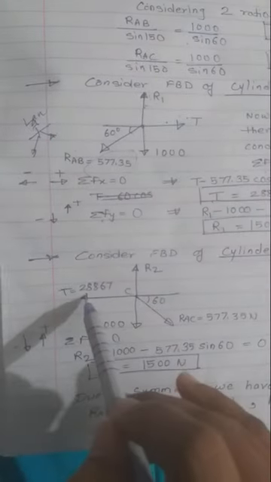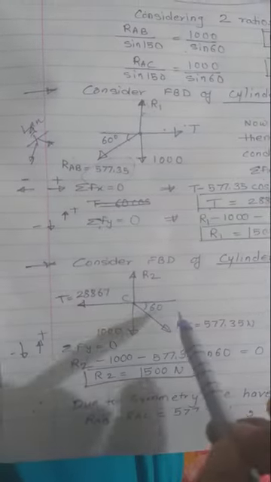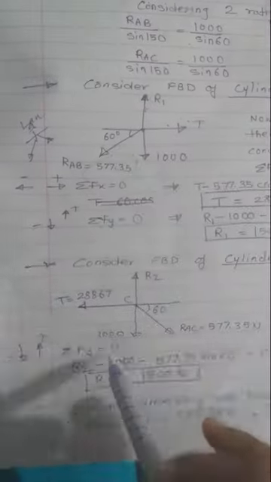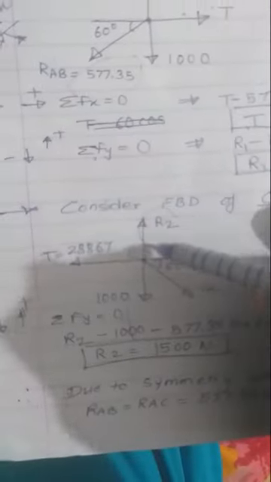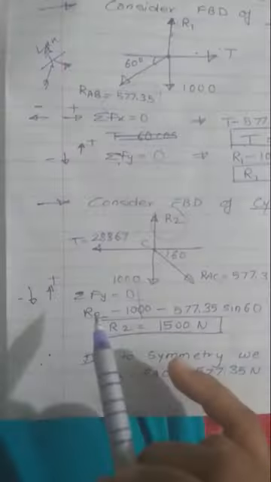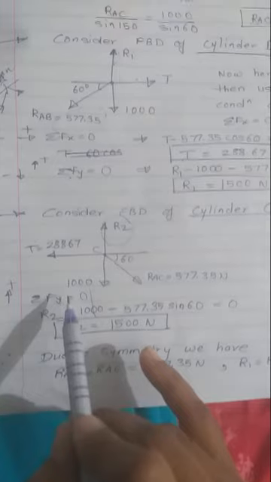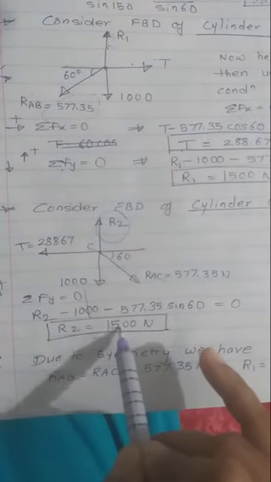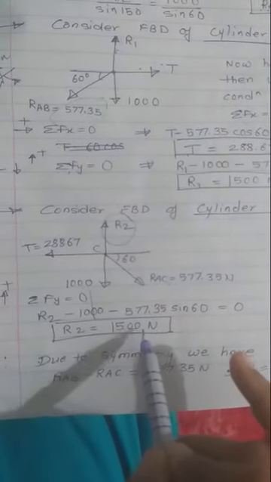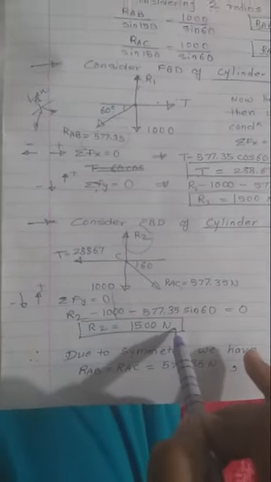For this R2 value we have to go ahead with the next sphere. For this sphere, T we already have, R_AC we also have, and 1000 is the known value. So we have to find R2. R2 is only a vertical force, so please don't use summation of F_x over here, go directly with summation of F_y. So you'll get the value of R2. R2 is nothing but 1500 Newton. Like this way we can solve the whole problem.